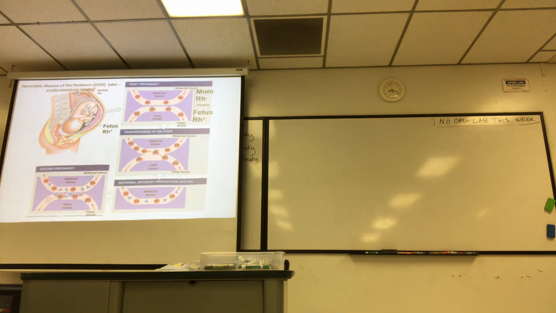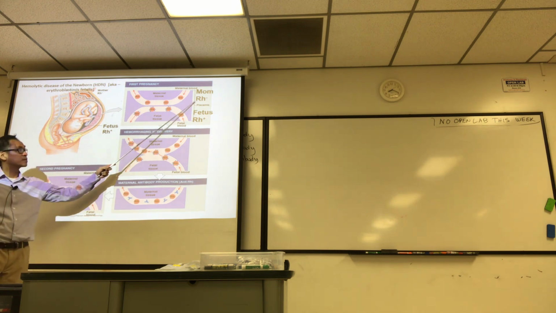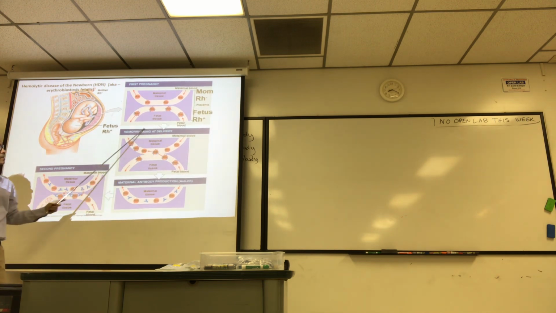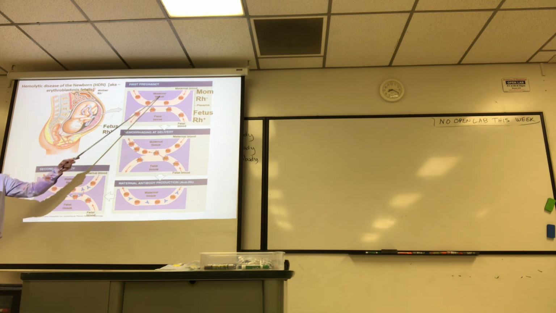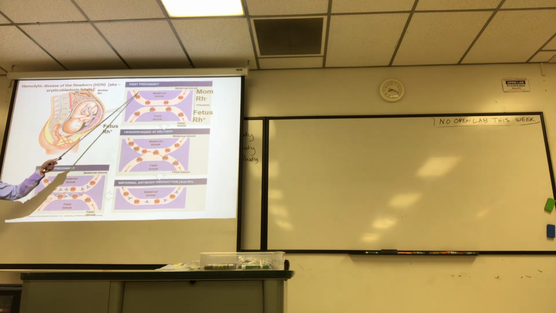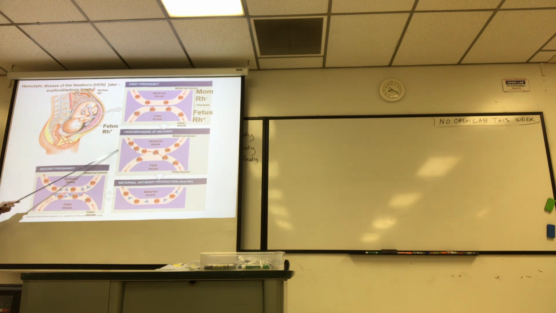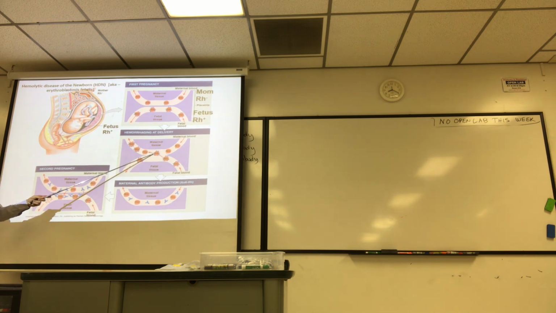One clinical situation, now that you know this, is called erythroblastosis fetalis. Let's say mom is Rh negative due to genetics, and the fetus is Rh positive, having got that gene from dad. In the placenta, there's a separation of the Rh negative blood and the Rh positive blood. However, there's a lot of bleeding during birth, so mom may be exposed to a bit of Rh positive blood.